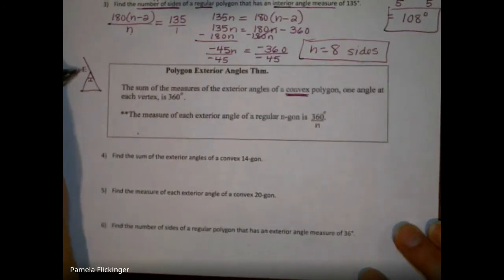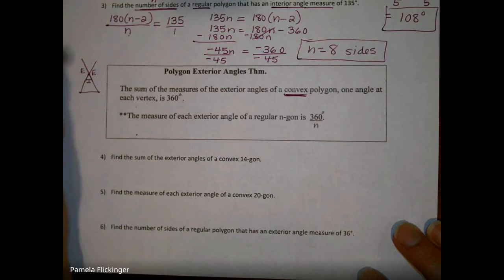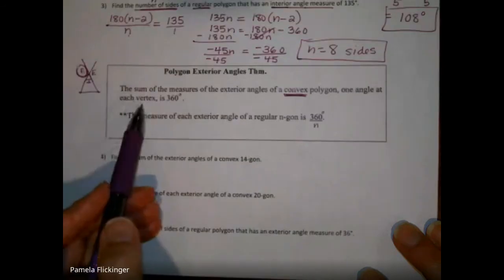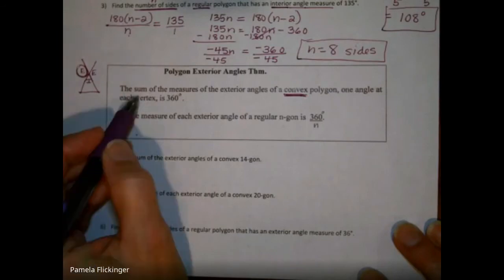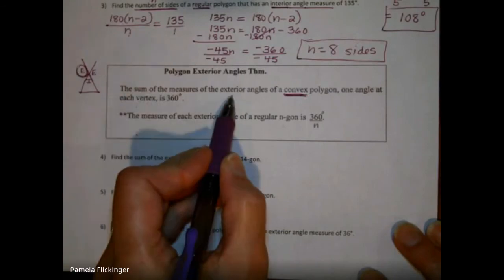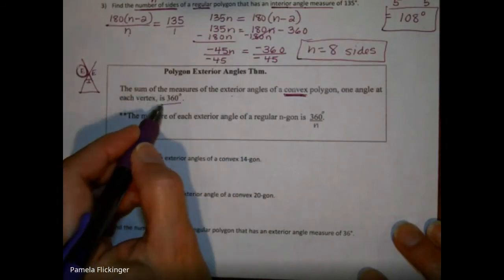So there's actually 2. That's why in this rule, it talks about just one exterior angle from each vertex. So the sum of the measures of the exterior angles is always 360.